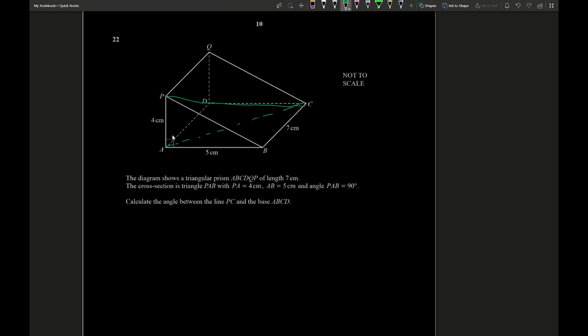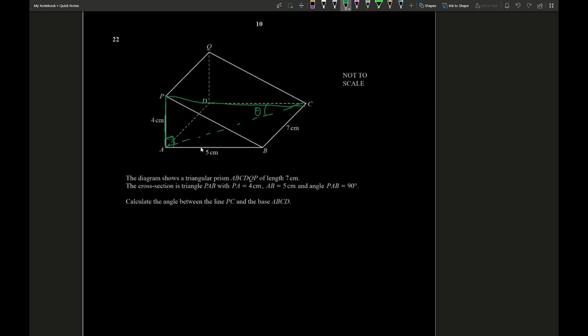As you can see, it's kind of obvious that this is a right angle triangle, APC. So to find this angle right here, which I'll call theta, we need to find the length AC, which is basically the diagonal of this rectangle ABCD.